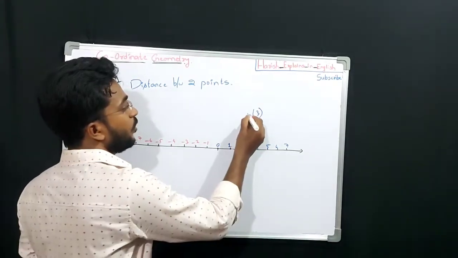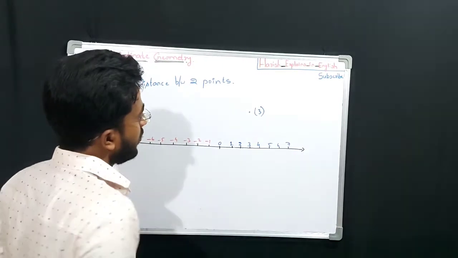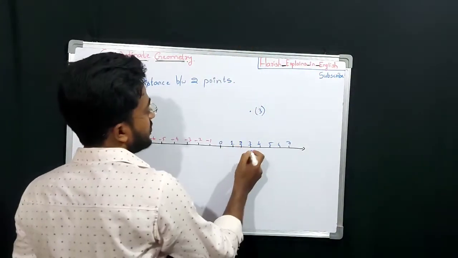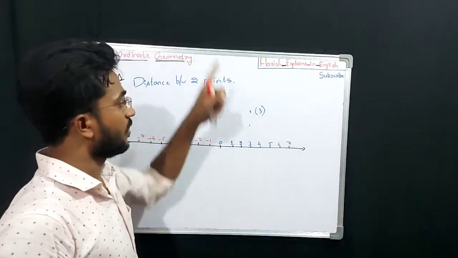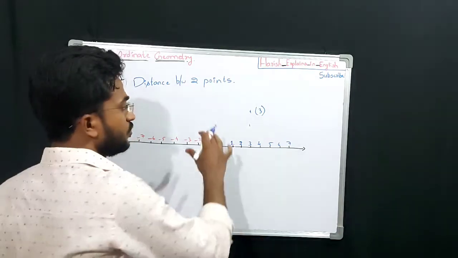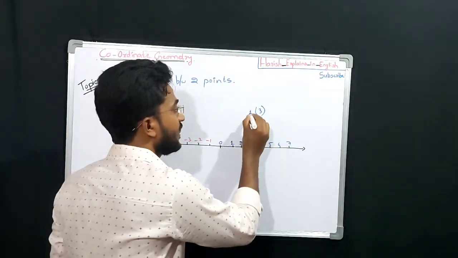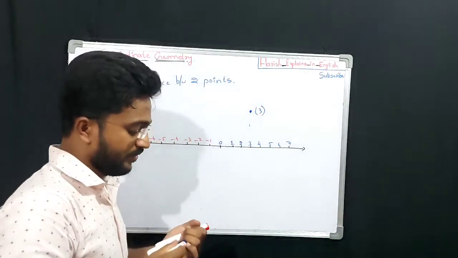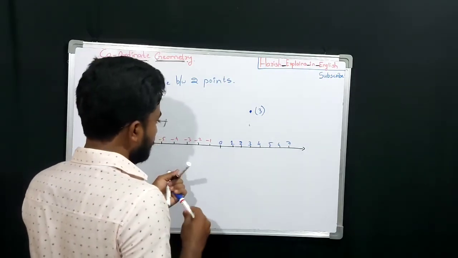But where is it on 3? This line is extended to some infinity distance. So is it here or there? To identify this point exactly, we have attached one more number line in this way.